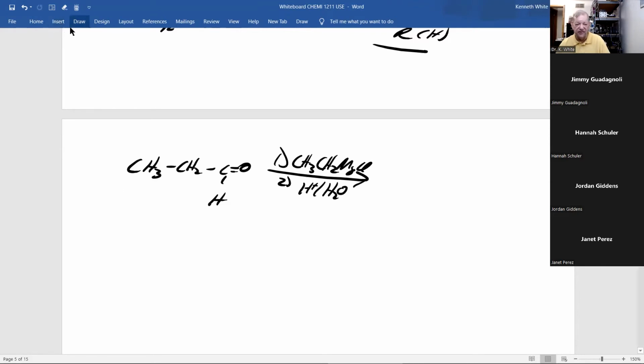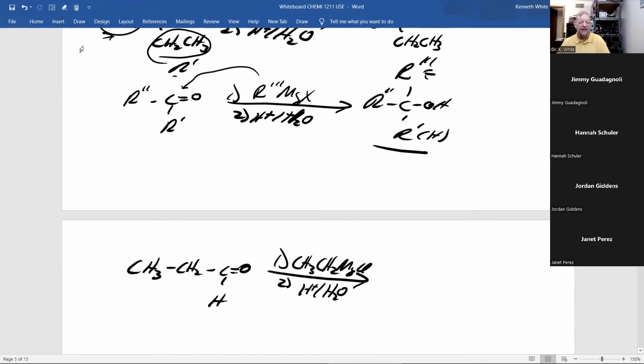And here's one for you. At the bottom, you'll see a molecule, and you'll take 2 steps. And what do you get? Your turn.